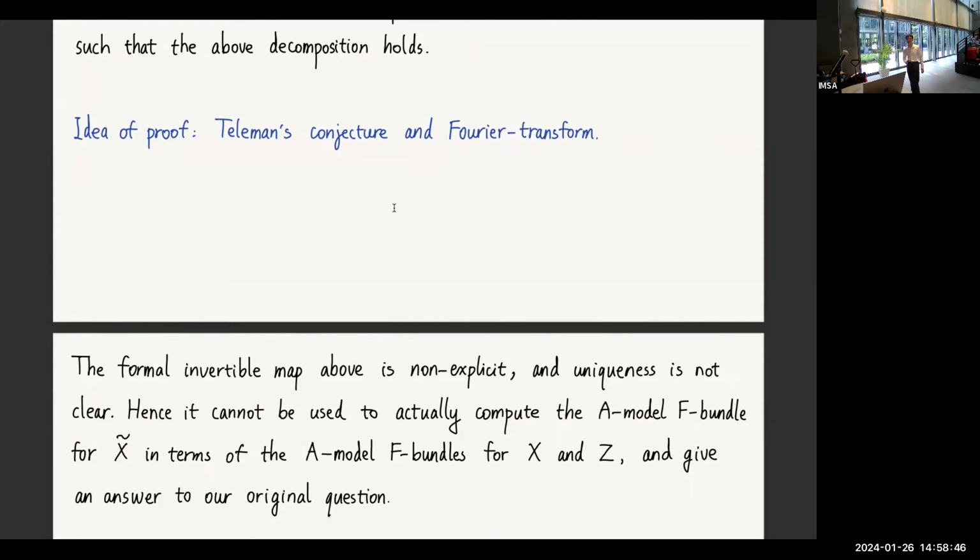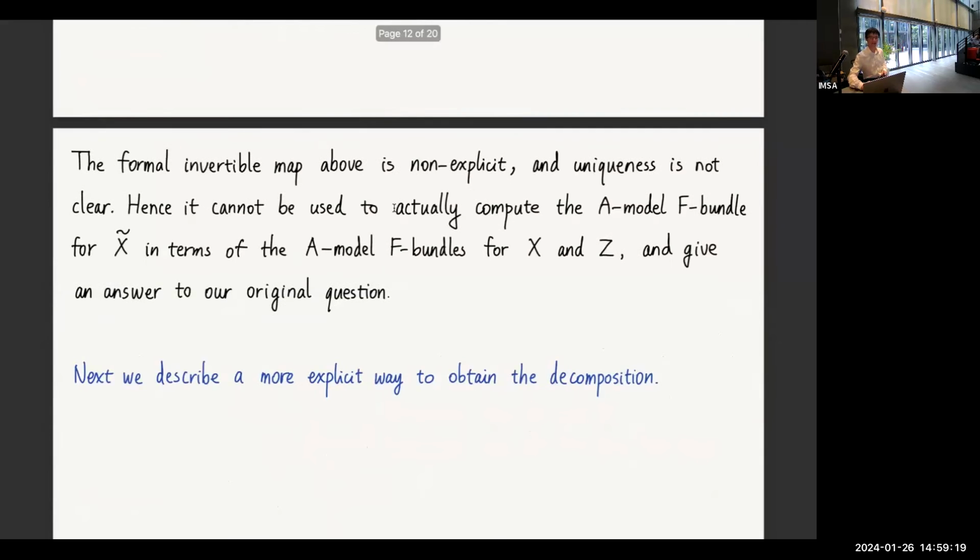Maybe you don't really care about the original question, but even for the question we want about atoms, in order for the application to birational geometry to work, we want a canonical identification for this block formula. So now let me try to describe a more explicit way to obtain this decomposition.